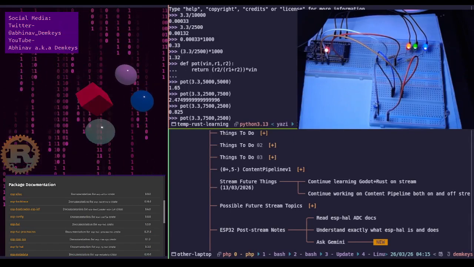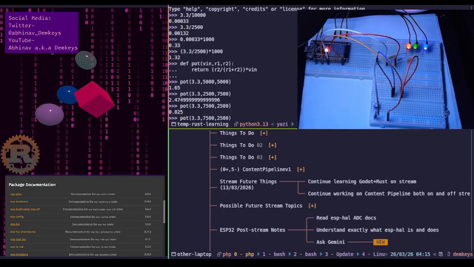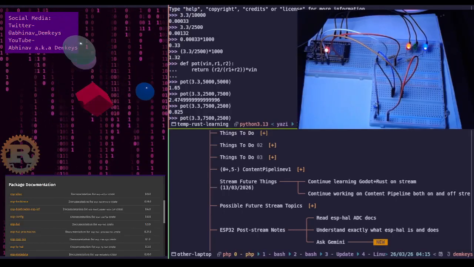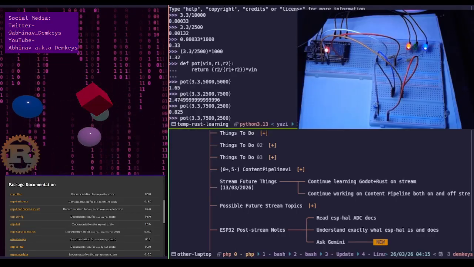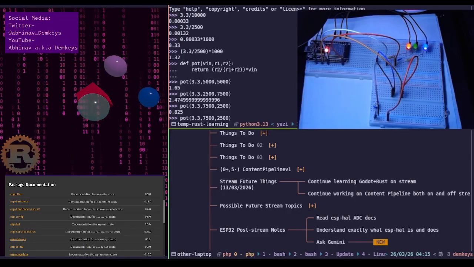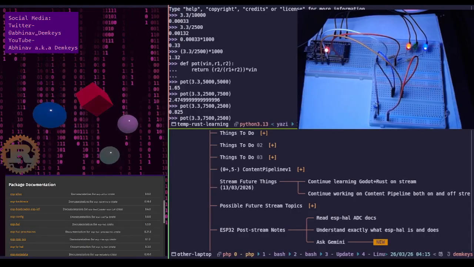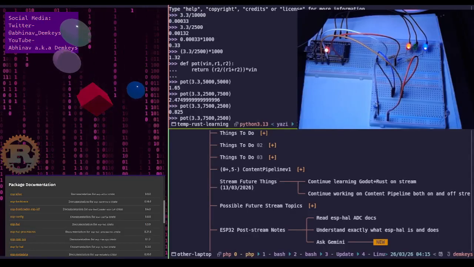Potentiometer connected to VCC, ADC, and GND.